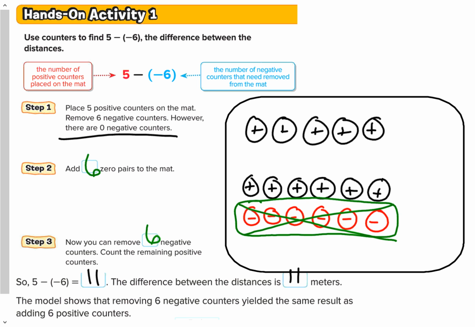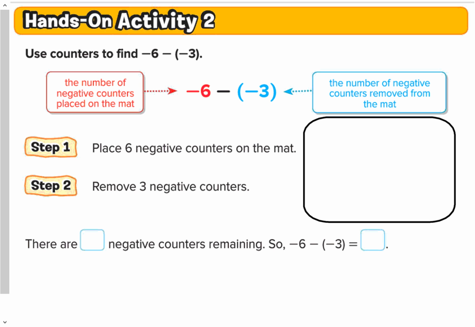I know that was a little difficult. We'll do 2 more. Now we're going to do hands-on activity 2. We're going to use counters to find negative 6 minus negative 3. We first start off with negative 6. That's the number of counters placed on the mat. Subtract means to take away, and we're going to subtract the number of counters removed from the mat. That's negative 3.